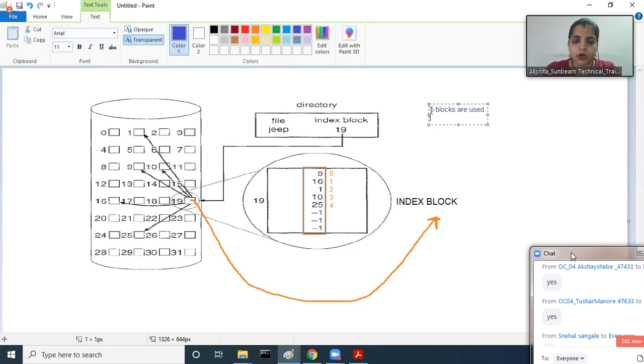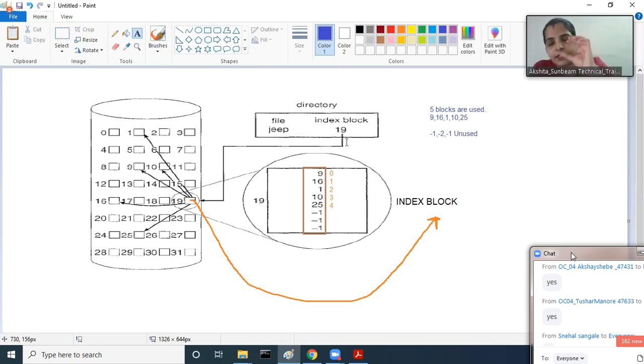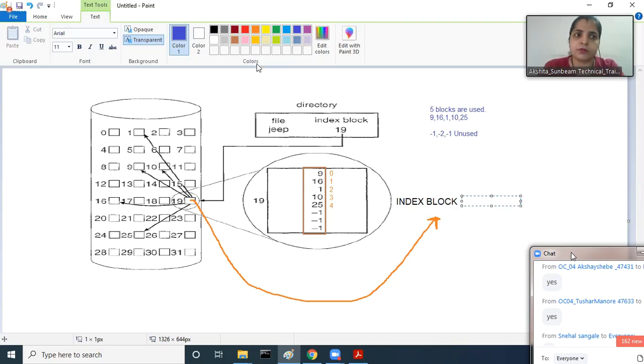How do we know 5 blocks? 9, 16, 1, 10 and 25. The rest are -1, -1, -1, meaning unused. Every index block has a fixed size. Assume this is my index block whose size is fixed, maybe 8 blocks, out of which I am using 5 for this particular file called Jeep, and 3 are unused.